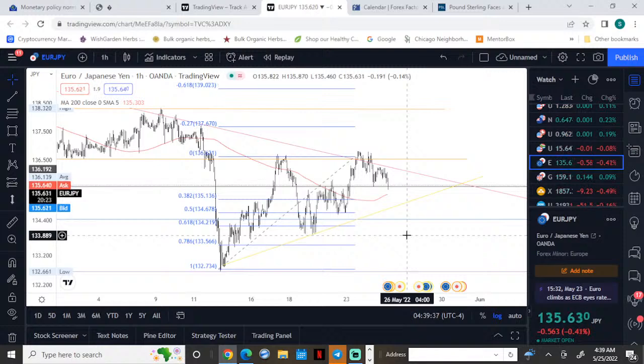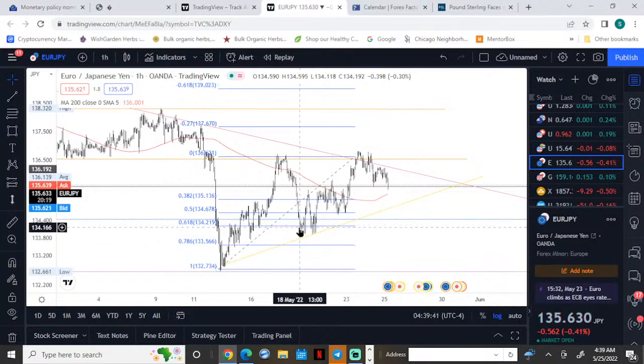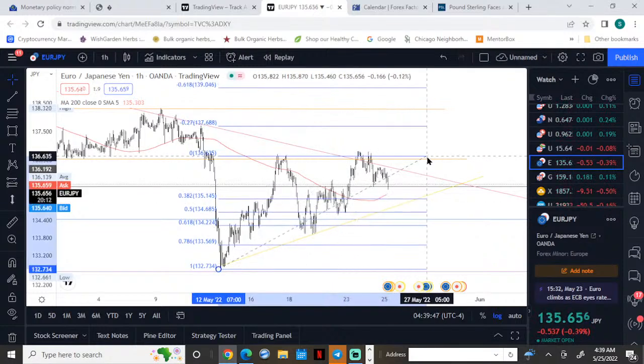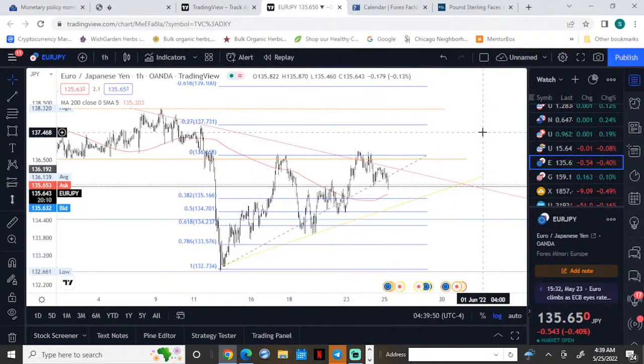Technically, if I would have gotten in on this, my stop loss would have been at entry. It hit TP1, partials would have been taken. It's respecting this trend line.